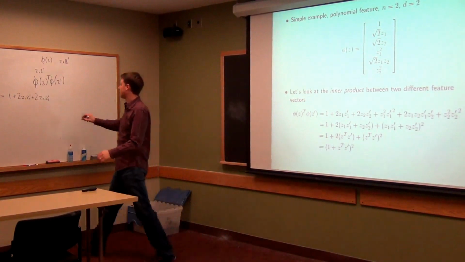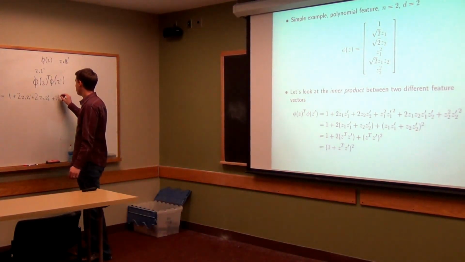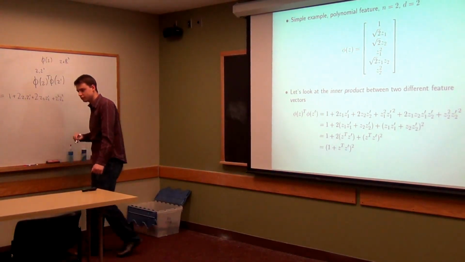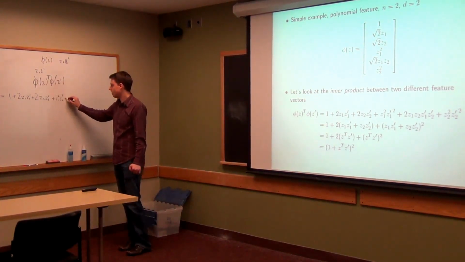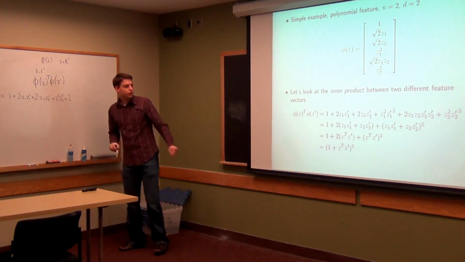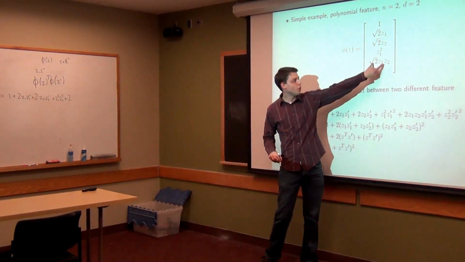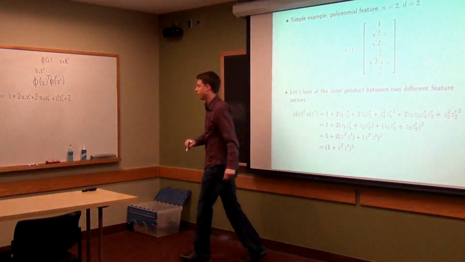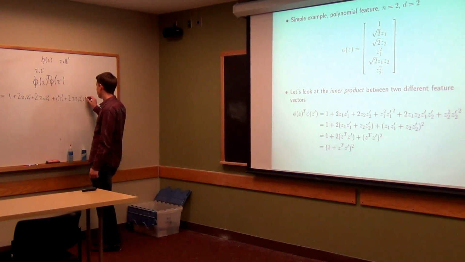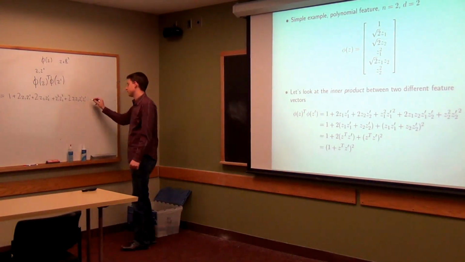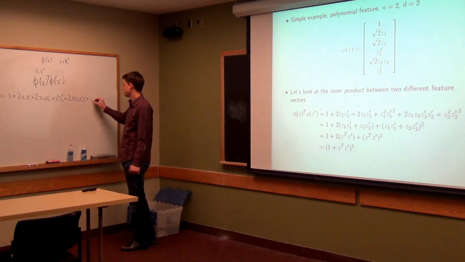Plus z1 squared z1 prime squared plus 2. This term now involves both these terms. There's a lot of terms that sort of multiply here, but it's z1 z2 z1 prime z2 prime plus z2.